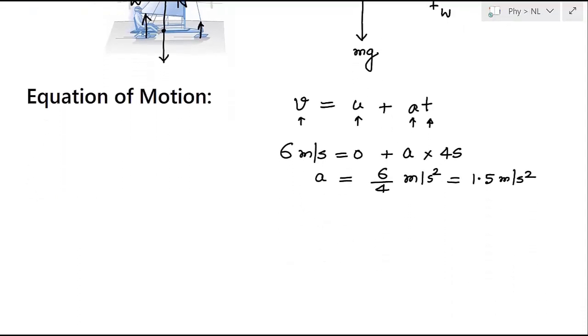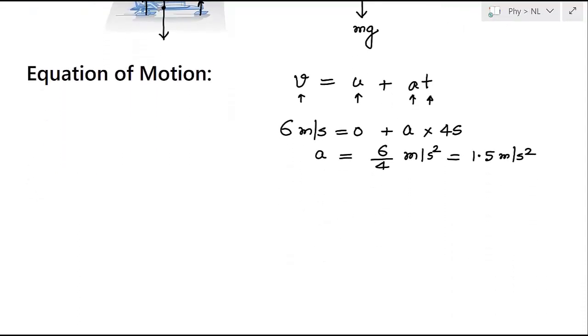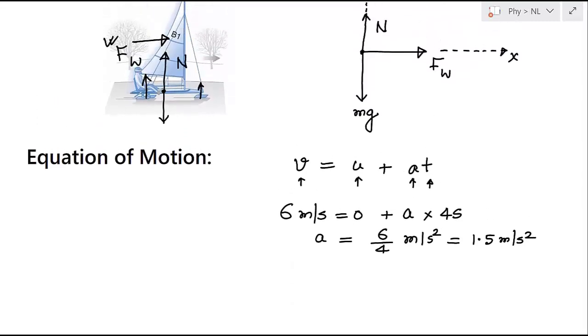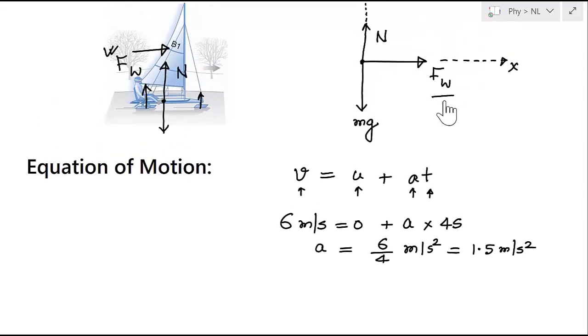So once I have this acceleration, I can calculate the force. Let us apply Newton's second law in the x direction. In the x direction, what are the forces acting? Fw is the force. Force equals mass into acceleration.